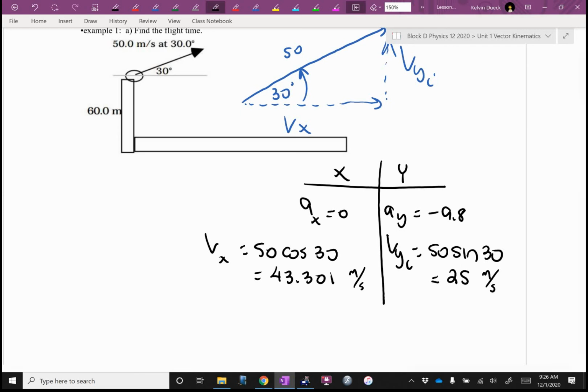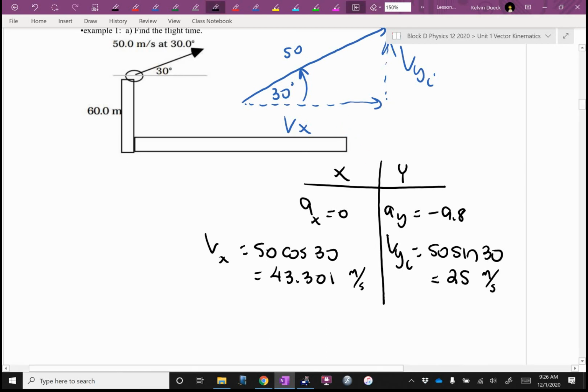What else has this picture given me? What's Vyf? No, when it hits the ground, I assure you, it's not going 0. Do a belly flop right now onto the cement. It's gonna hurt. Bad guess.